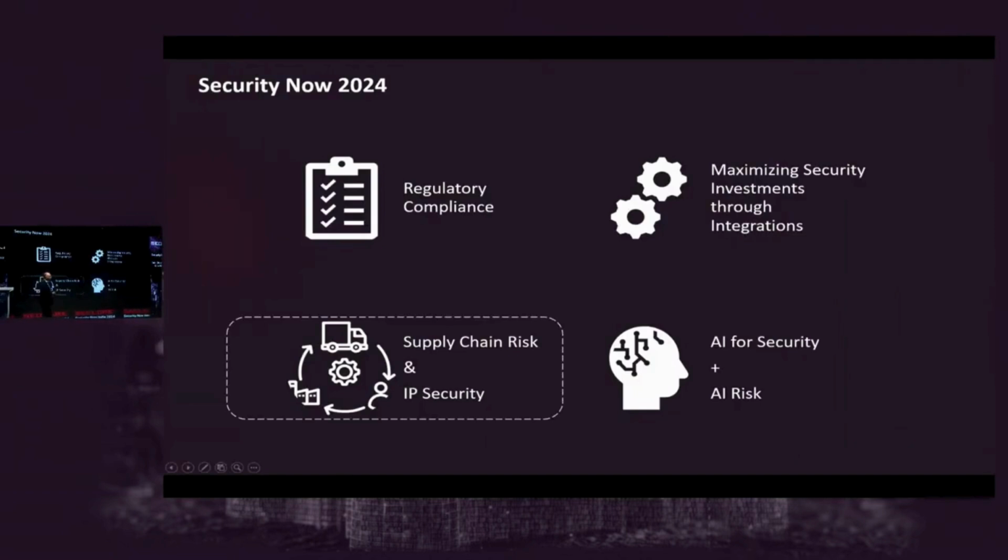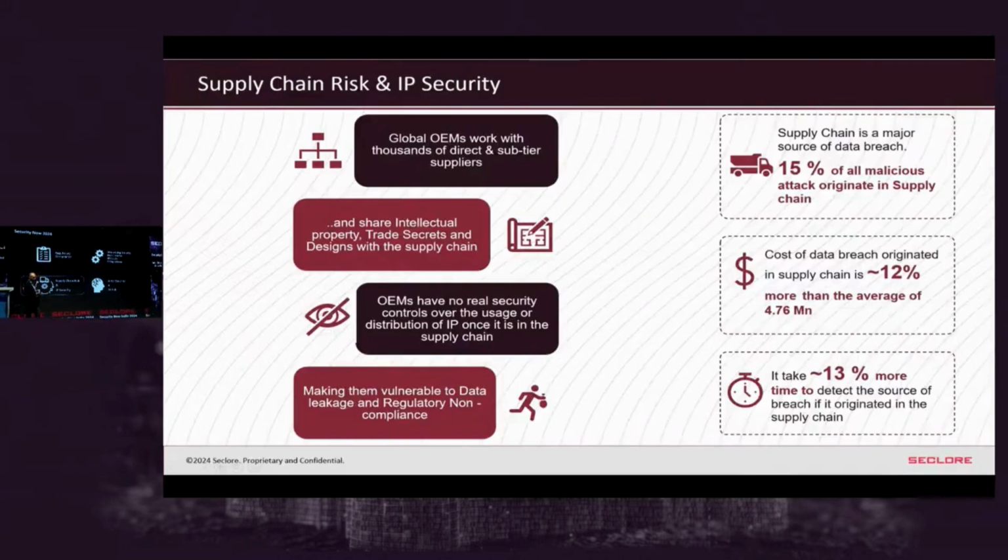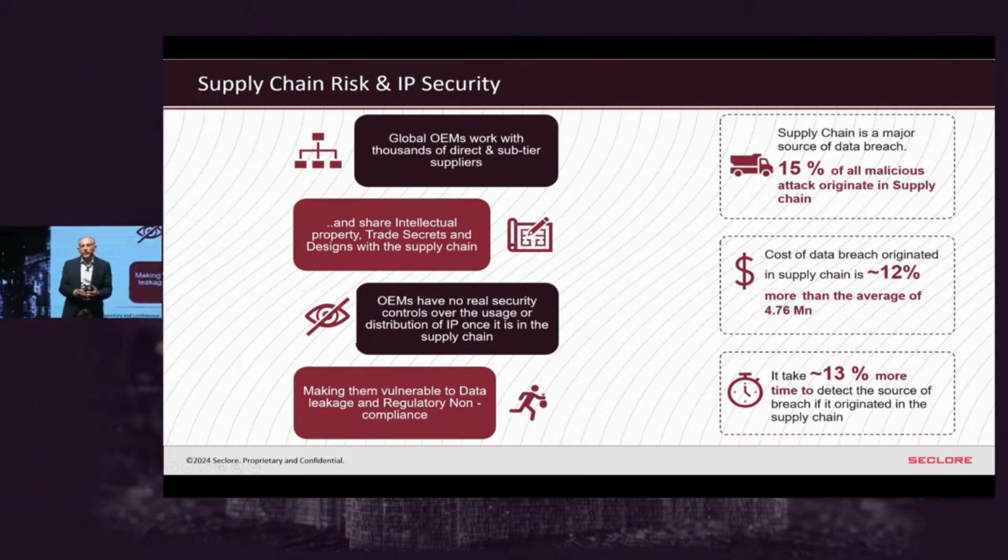Okay. Let's talk about supply chain risks and IP security. When it comes to supply chains and IP security, and this is something that I see all over the world, there are a lot of concerns around what I can do to make sure that my data remains secure when I'm dealing with so many different vendors.